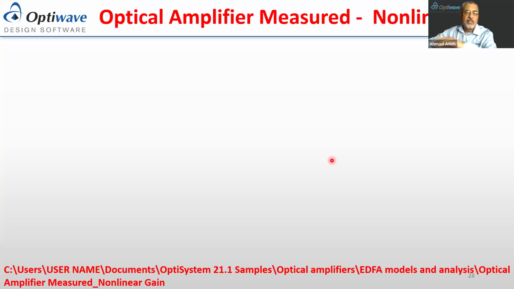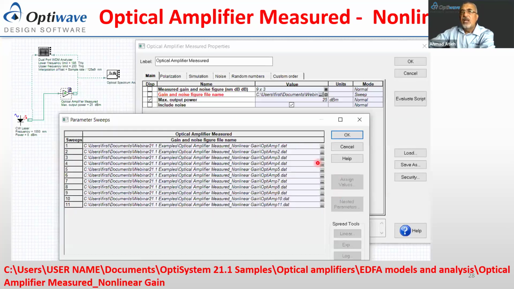The last thing in this webinar that I'm going to demonstrate quickly, hopefully leaving some time for answering questions, is the new addition to the component library, which is the optical amplifier measure. You can think of this optical amplifier measure as a black box. It's actually a very valuable component.